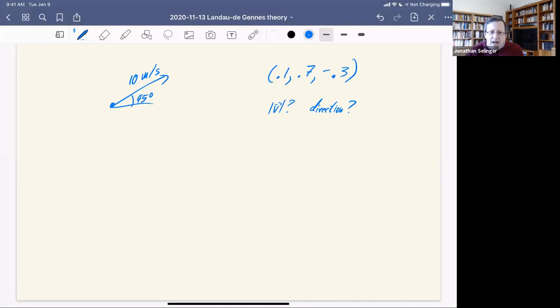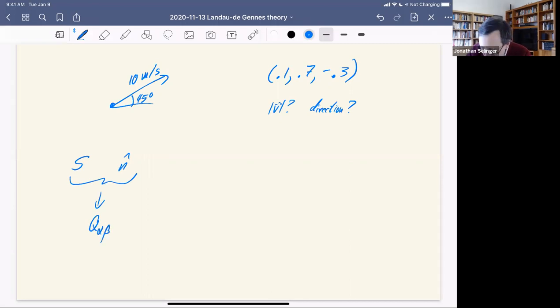So the same thing works here. I could give you a problem where I tell you what is the magnitude S and what is the director N. And from those things, you go to the Q tensor.